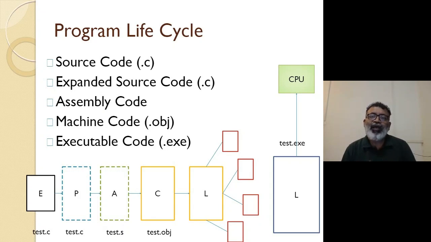I cannot comment whether it is bad or good, but definitely when a program is to be written, a problem is given to a programmer or a team of programmers. The first step is to design that program and write the code, handwritten code, at least the algorithm.